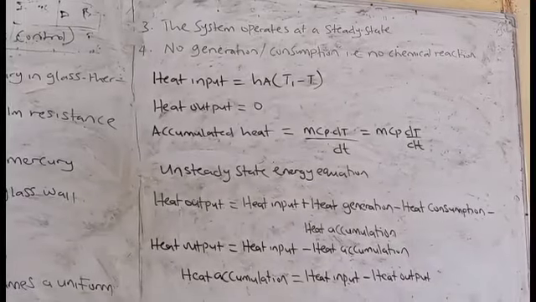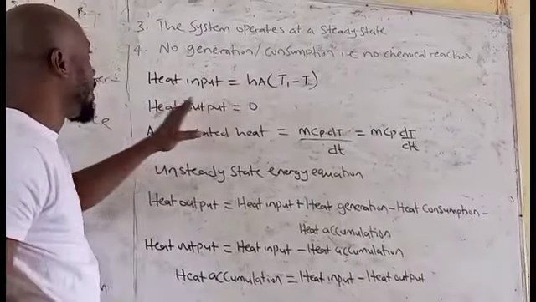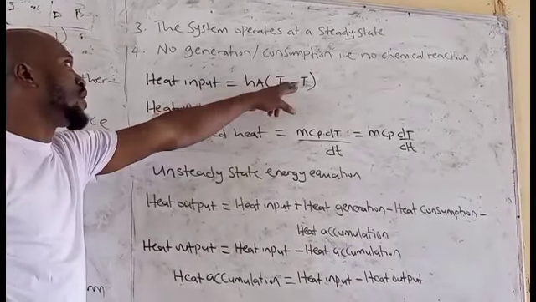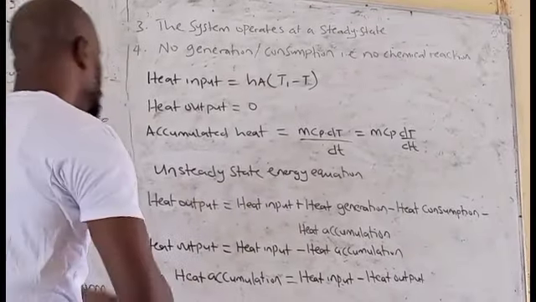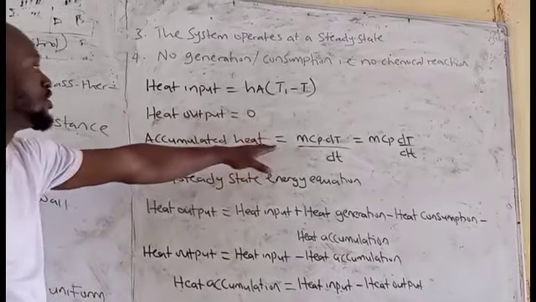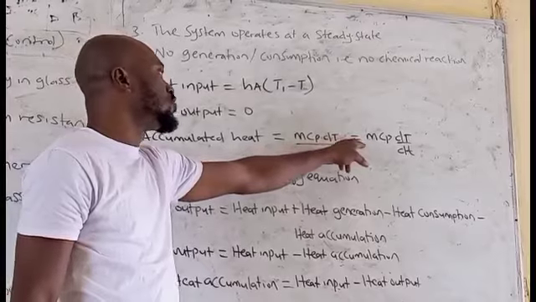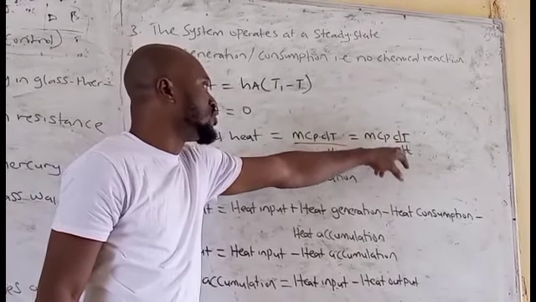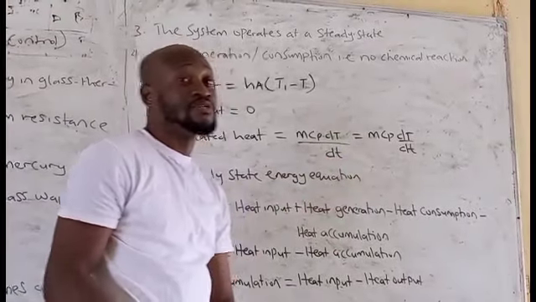Our heat input is equal to HA bracket T1 minus T, and our heat output is zero. So the accumulated heat, or heat accumulation, is equal to MC delta theta over t. It is the same thing as MCp dT over small t, where small t is with respect to time.